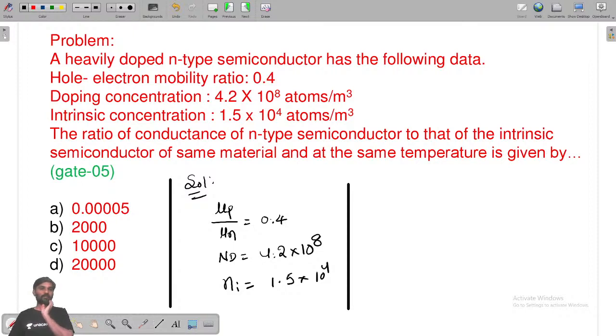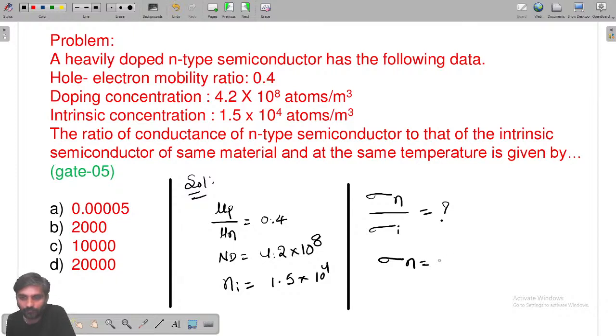What is being asked? The ratio of conductance of the N-type semiconductor, sigma n, to sigma i. Sigma n is equal to n_n q mu n.